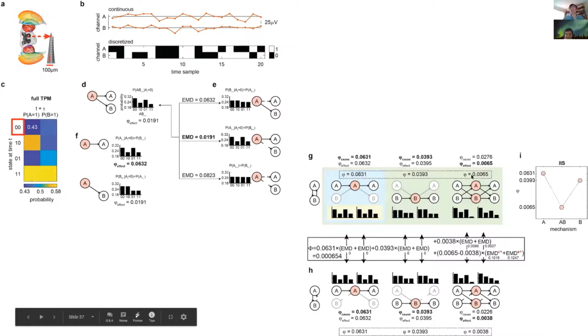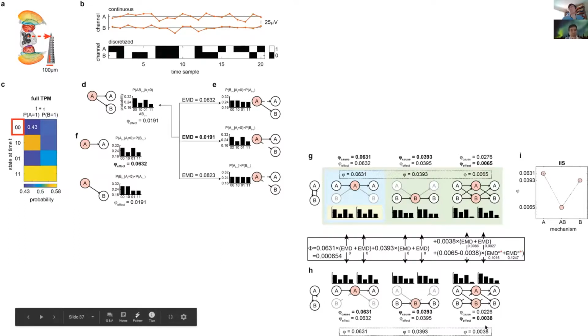And in the case where, so here if you look at this column here, you have different amount of existence or integrated information for mechanism AB when you consider your whole system and when you're disconnected. So when it's whole, you have 0.0065, and when you've imposed your system level cut, it's 0.0038. And what you do is you weight the distance between these distributions by the common amount of existence.